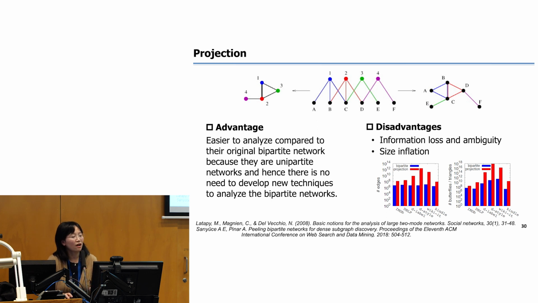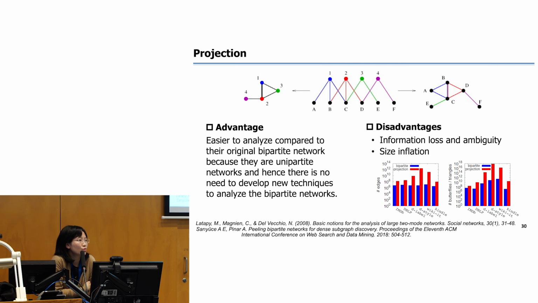But if we convert it into a unipartite graph, this information is lost. We can no longer restore this information of how this connection happened between two different types of vertices. And then we conduct the analytics based on a compromised result graph, so the result will also be compromised. This is the first disadvantage of this projection-based approach.